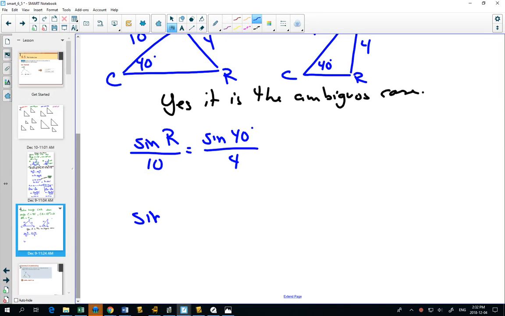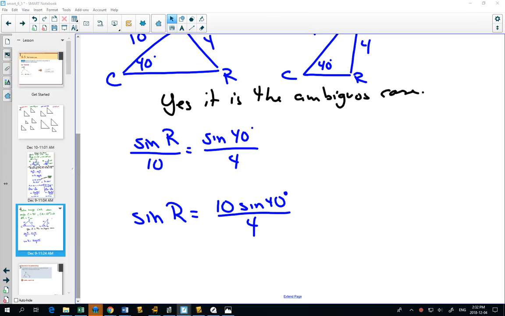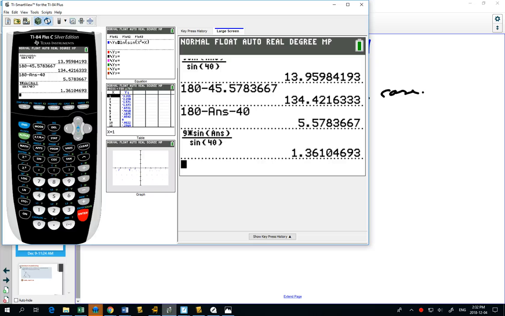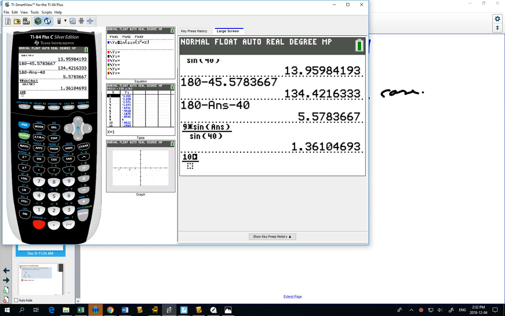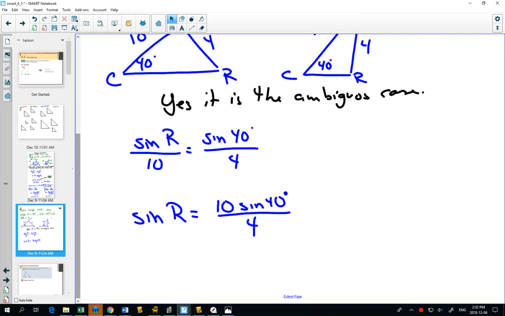Multiply both sides by 10. 10 sine 40 divided by 4. I'm going to type that into my calculator. And I get 1.6.